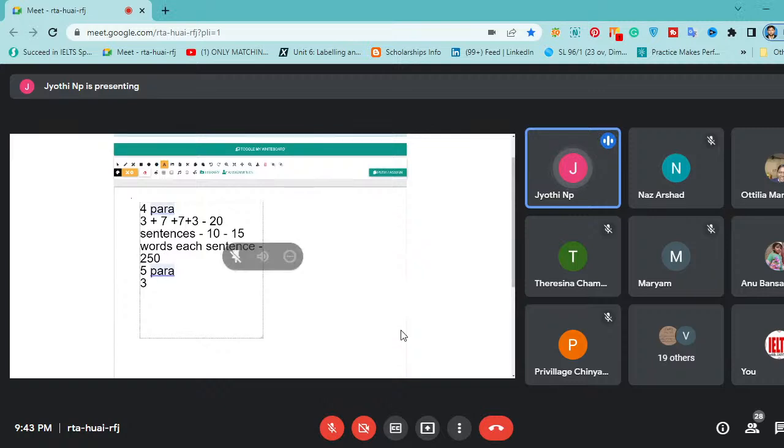So 3 sentences for the introduction, 5 sentences for body 1, 5 sentences for body 2, 5 sentences for body 3, and 2 to 3 sentences for the conclusion, which will be approximately 21 sentences, again with 10 to 15 words each sentence.